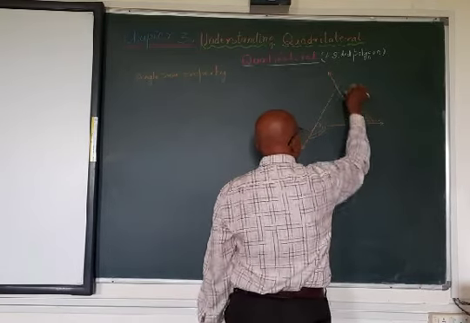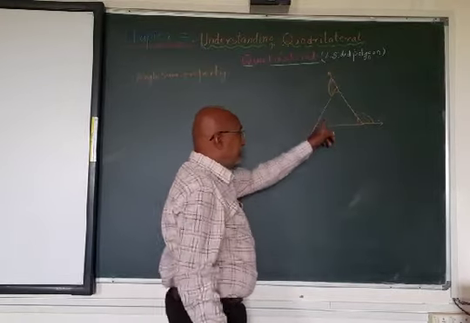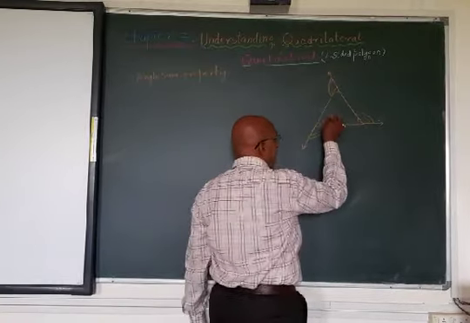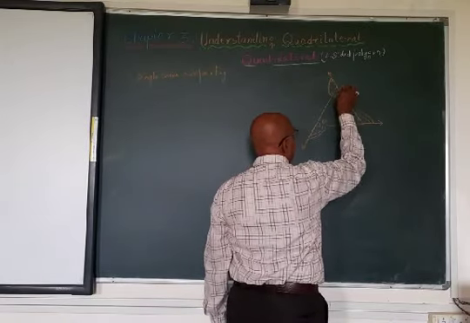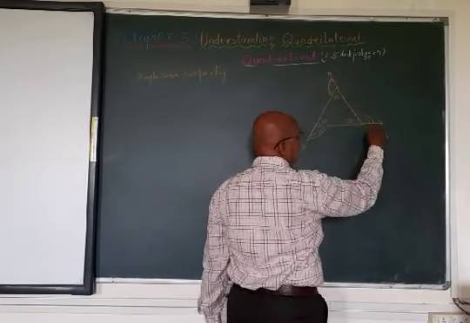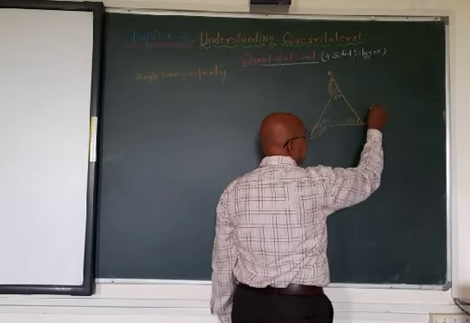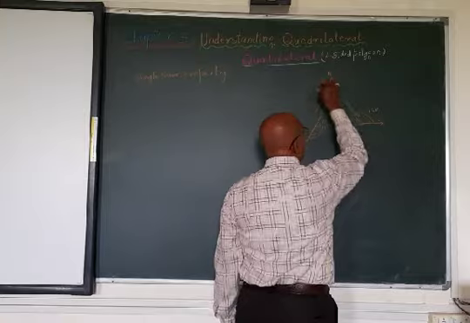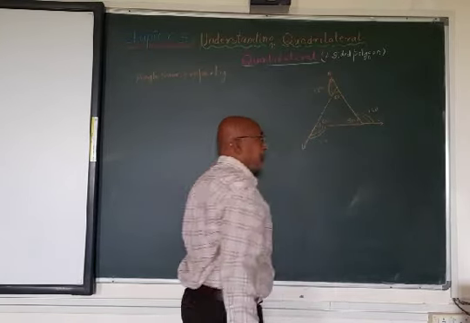Now you can see here how much this is. These are 60. So how much will this be? These are supplementary angles. So if this is 60, 180 minus 60 is 120, 120 and 120.